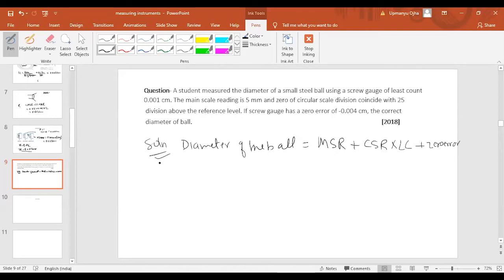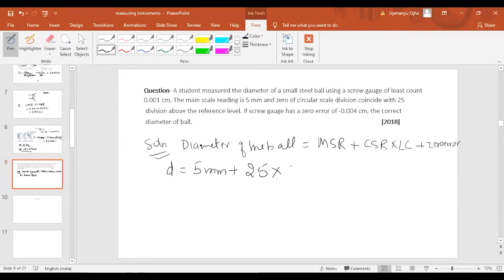Now the diameter of the ball, say D, will be equal to, what is the main scale reading here? Main scale reading here is 5 millimeter. Now the circular scale reading: if they are telling you that the zero of the circular scale coincides with 25 divisions above the reference line, it means the circular scale reading will be 25 into least count, which is 0.001 centimeter. Either you convert to millimeter or you put it in centimeter itself.